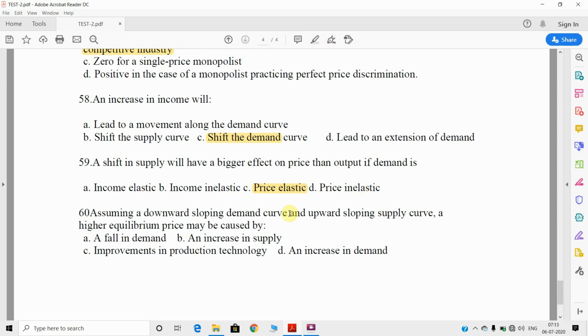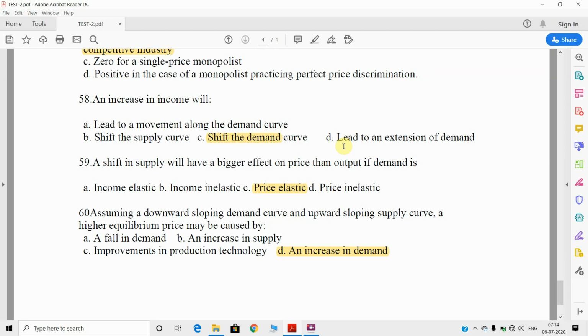Next, 60: assuming a downward sloping demand curve and an upward sloping supply curve, a higher equilibrium price may be caused by an increase in demand.